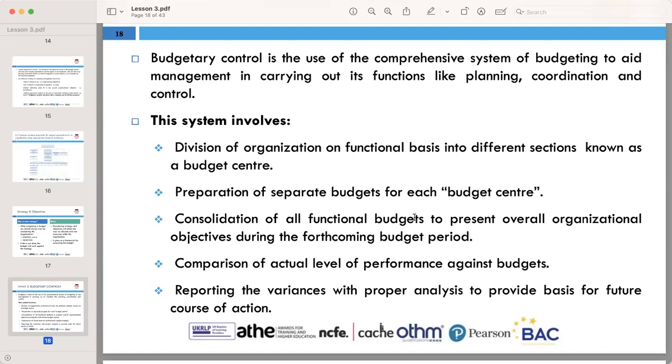Next is a consideration of the functional budgets to present an overall organizational review for the forthcoming budget period, a comparison of actual performance against the budgets to identify various variances, and reporting the variances with analysis to provide a basis for future decision making and tools.